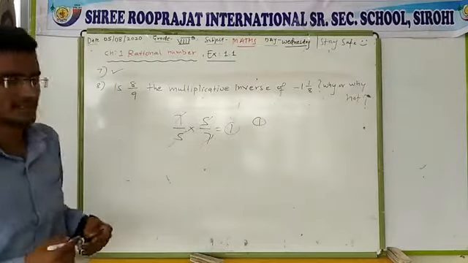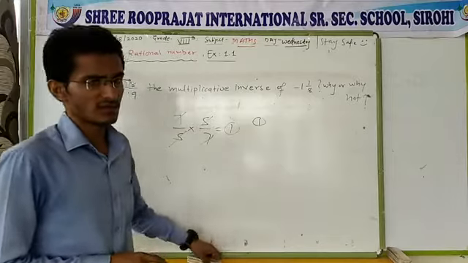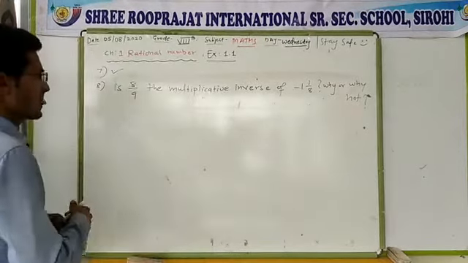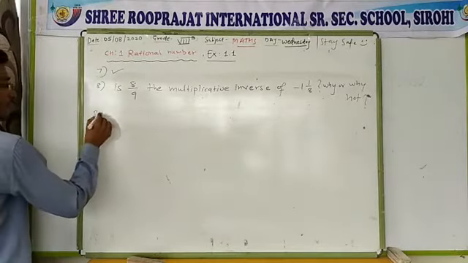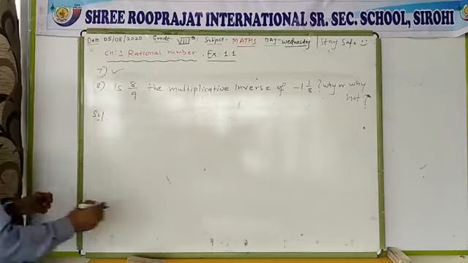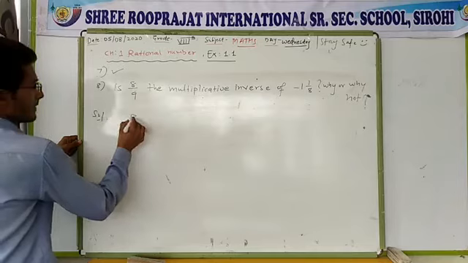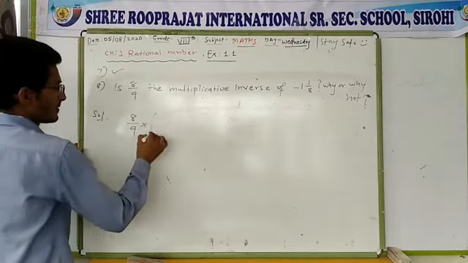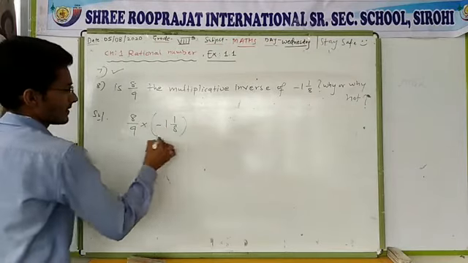We will check the same process in this question, and let's see whether we are getting a 1 or not. So 8 by 9 multiplied with minus 1 and 1 by 8.